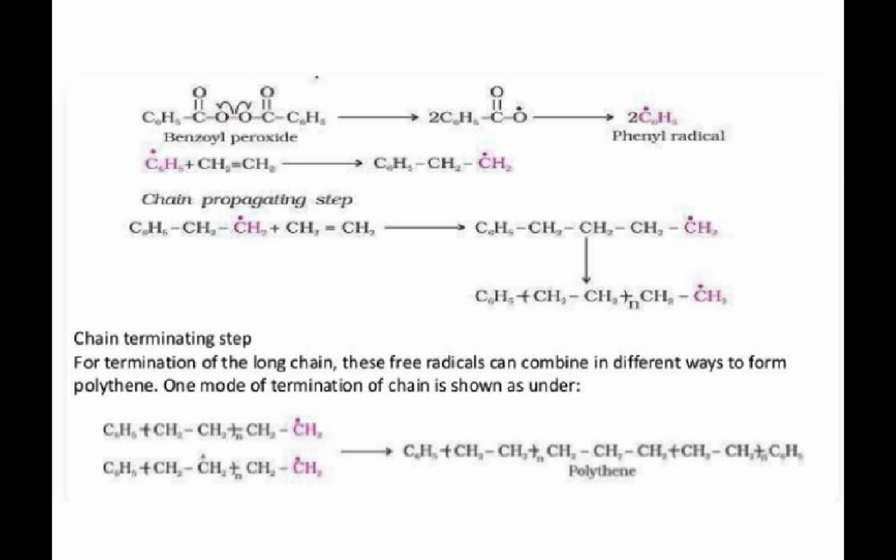You have to write and learn this product formation, and how it is formed in 2 steps, which is very important for the exam. In the chain terminating step, the long chain terminates when the free radicals combine in different ways to form polythene, and the formation of polythene is very important.